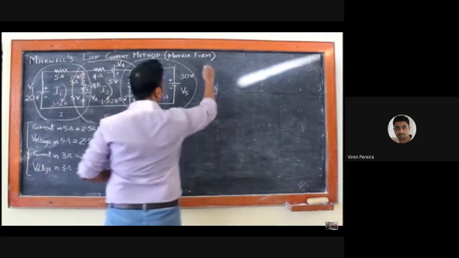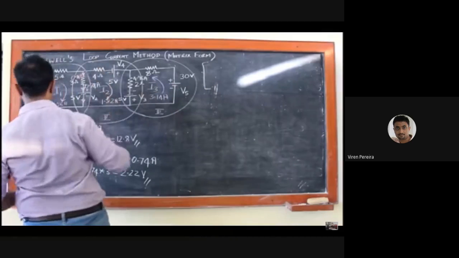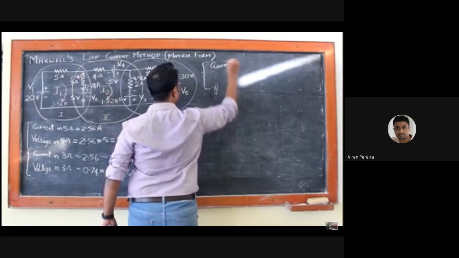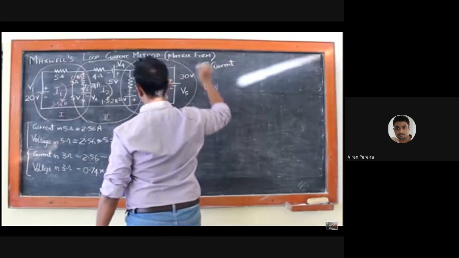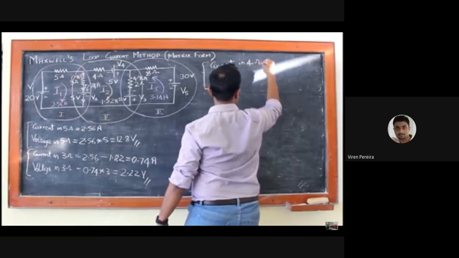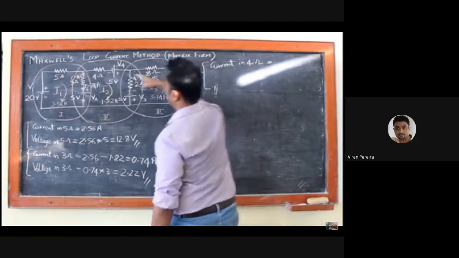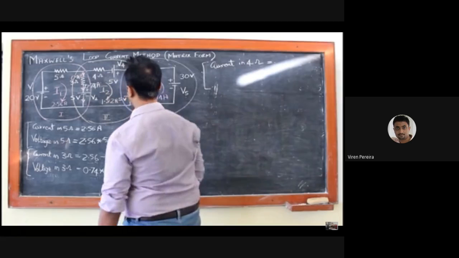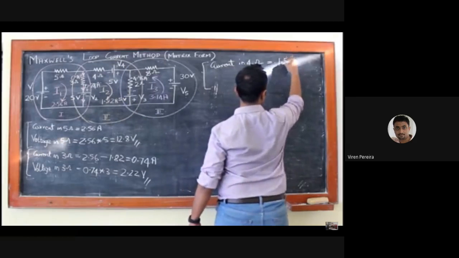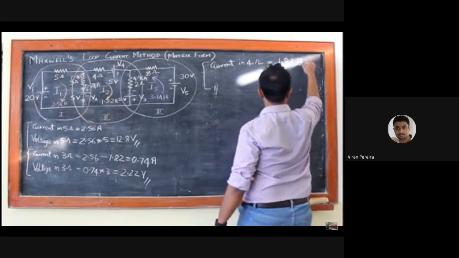So for my other case, for the 4 ohms, again I'll find out the current in the 4 ohms resistor. Now current in the 4 ohms resistor will be equal to I2, which is equal to 1.82 amps.